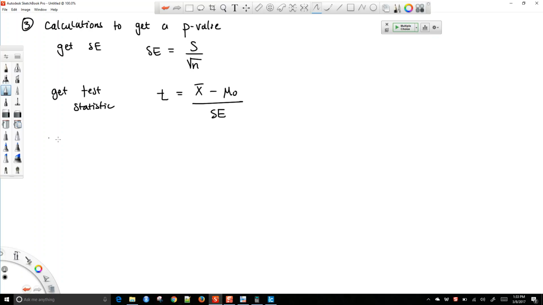And then look up t in the t table to get your tail area and then your p-value.